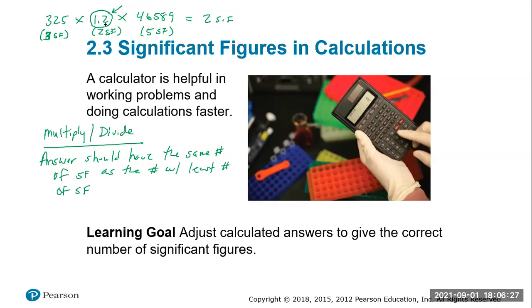Because this has 2 significant figures, the error in this measurement occurs at the 0.1 spot, whereas over here the error is much better in terms of it being significant, and over here it's way over here in terms of the error that's present. So your worst measurement determines where you can go in terms of your answer.